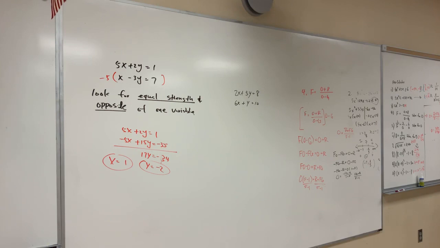The higher level system will look like this. x squared minus y is equal to negative 3, and x squared plus y squared is equal to 9.